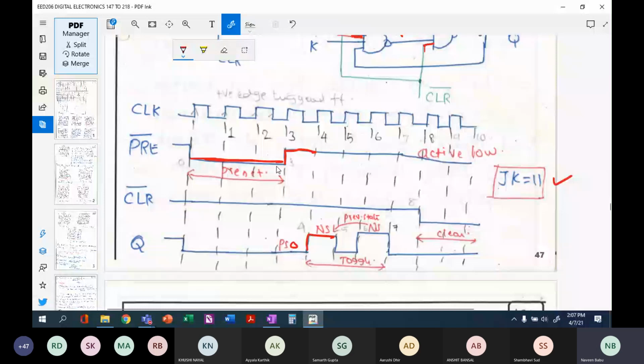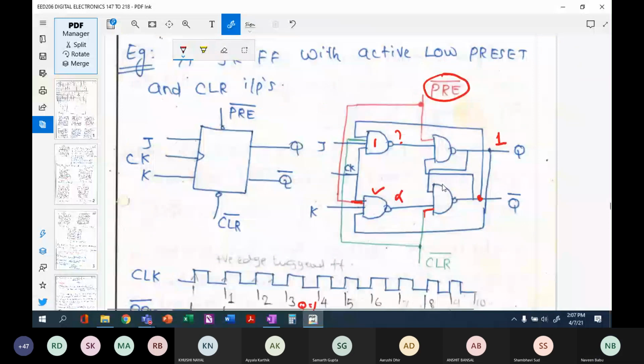But the problem here is when your Q is 1, obviously, we are controlling this. There is a feedback that goes from this particular gate to this particular gate, which will alter this output. At the same time, since your clear value was 1, this will be 0.